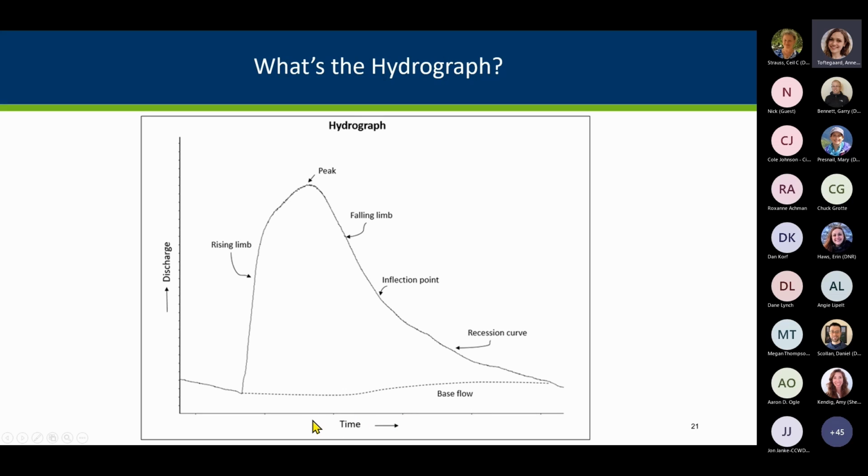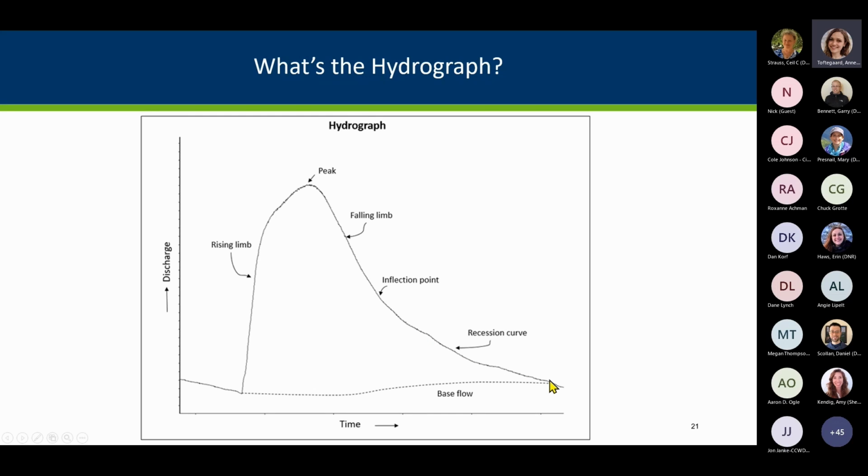Scientists and engineers might talk about all the different parts of this hydrograph, but the important things that we want to talk about today are that there's the base flow, which is the area under the dotted line. That doesn't change with a storm event, but then as a storm event comes in, you'll see the discharge in the stream increasing rapidly until it hits its peak.